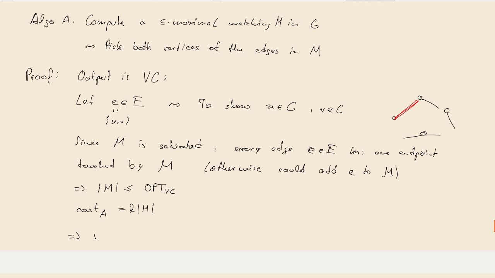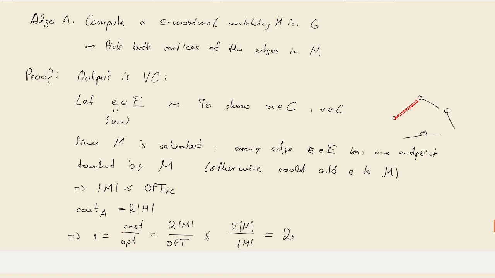And so the approximation ratio is just the cost divided by opt, which is 2M divided by opt. And as we know here, opt is bounded by the size of the matching.